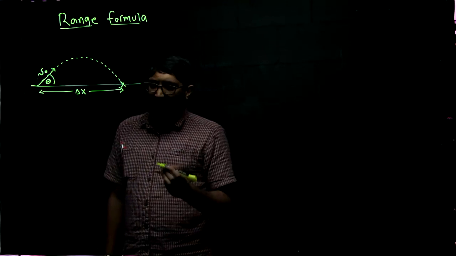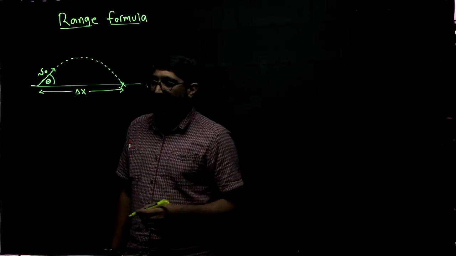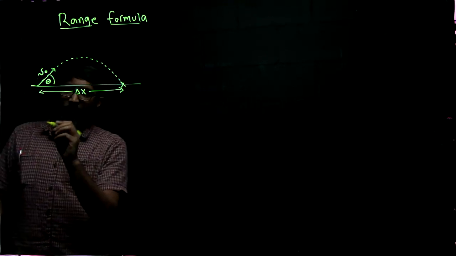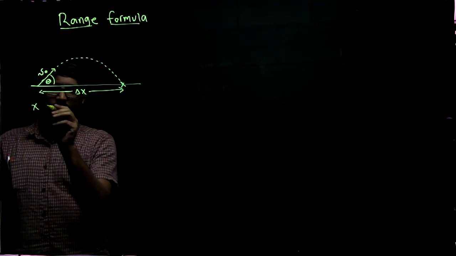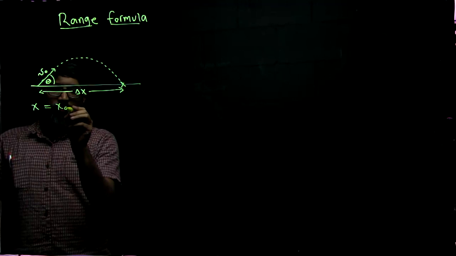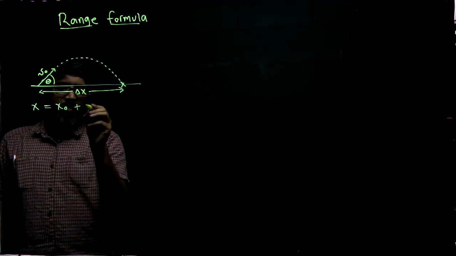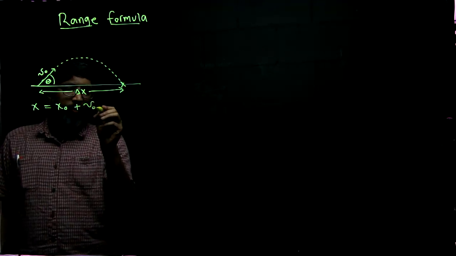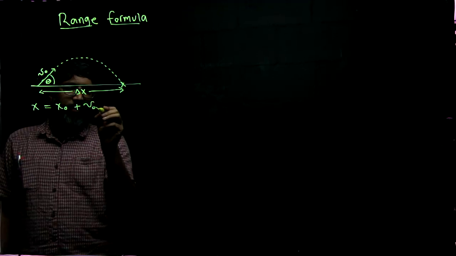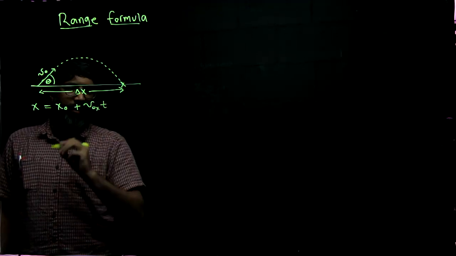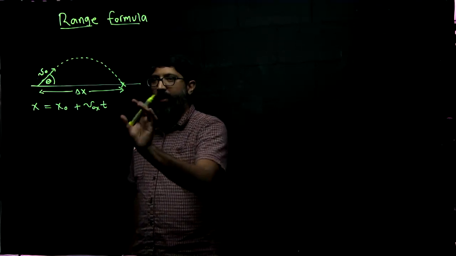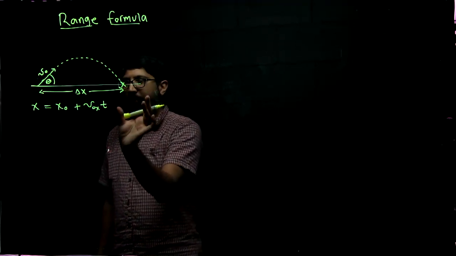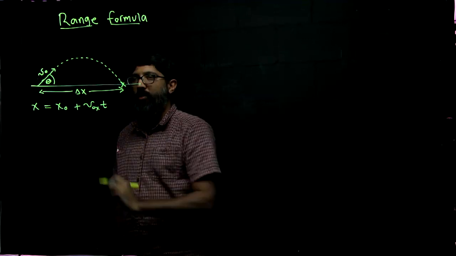So we're going to start with the kinematic equations. The ones we need are for x, the horizontal position, which is the initial position plus the initial horizontal velocity, v0x, times the time. There would be a plus 1/2 a_x t squared term, but that is 0 because in the horizontal direction there's no acceleration.